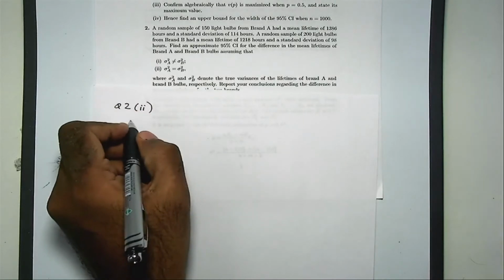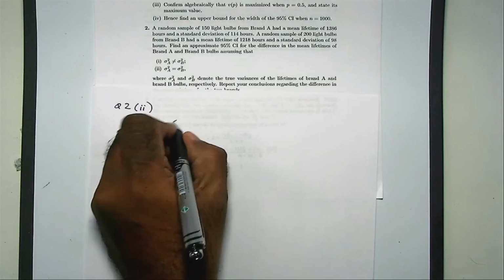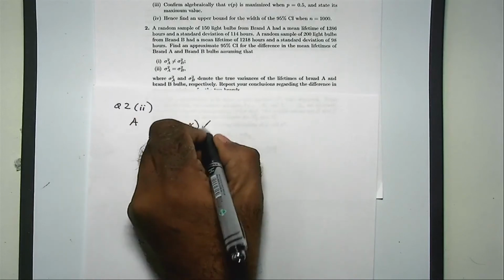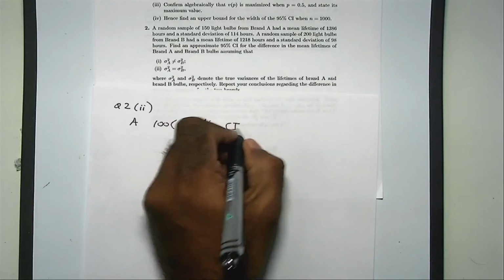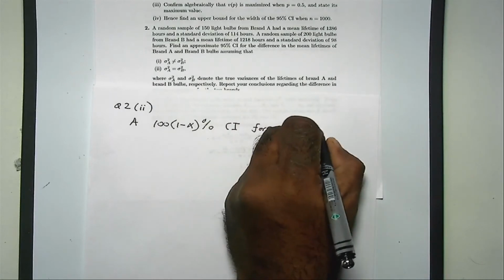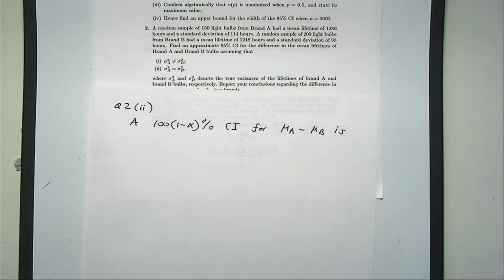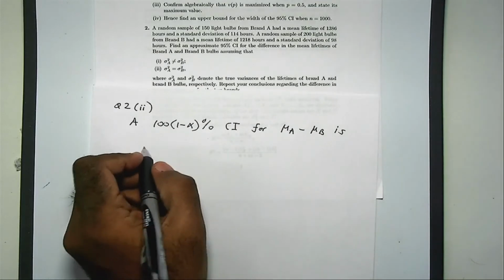The 100 times (1 minus alpha) percent confidence interval for the difference in the population means, when the variances are equal, is as follows.